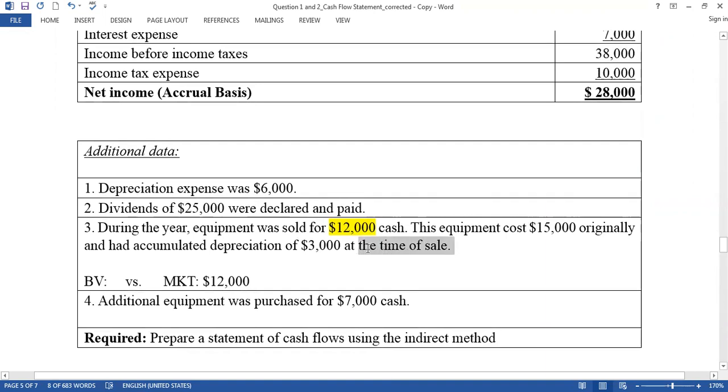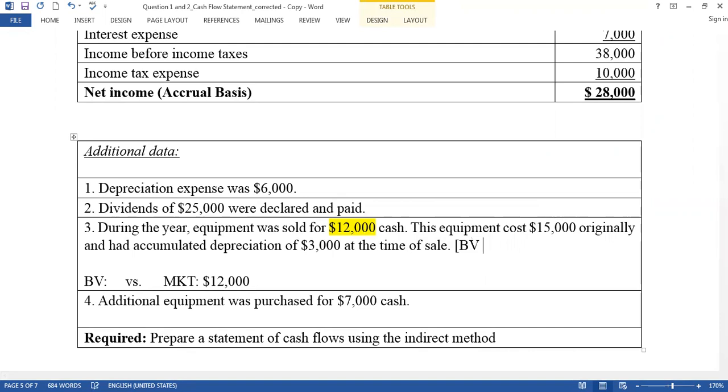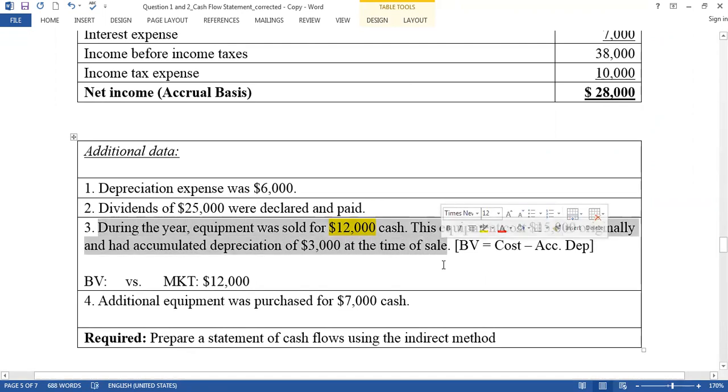So I repeat again, book value equals cost minus accumulated depreciation. Read this question and try to find out the book value.